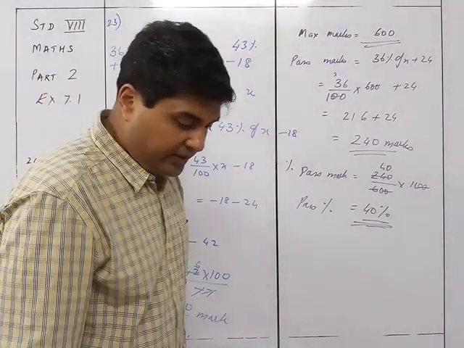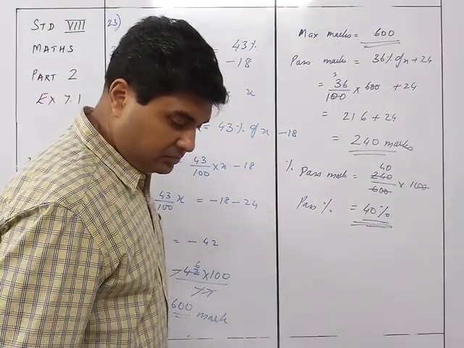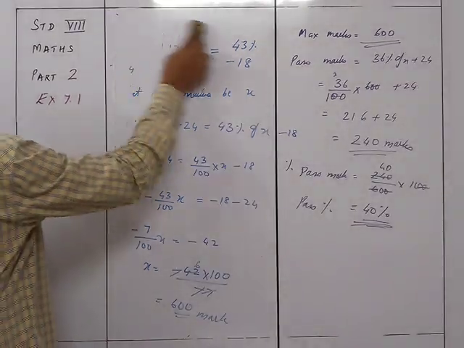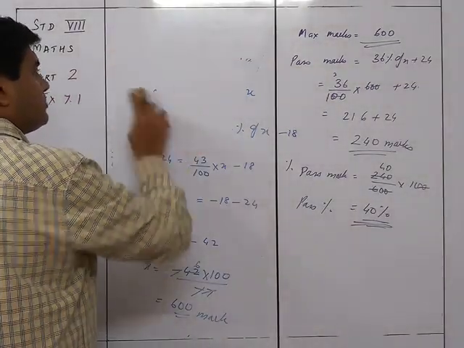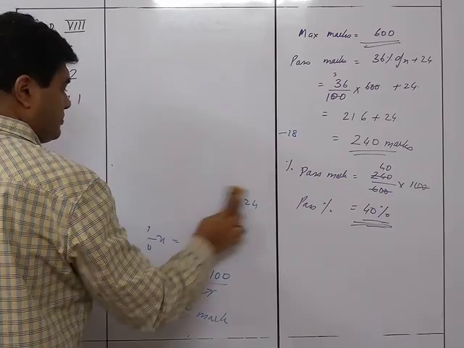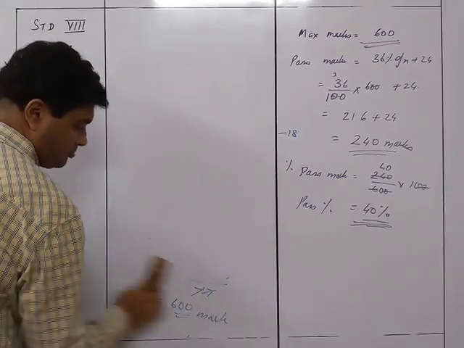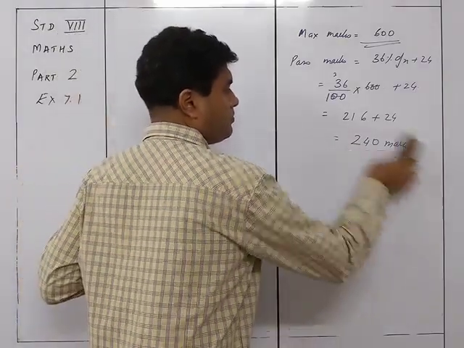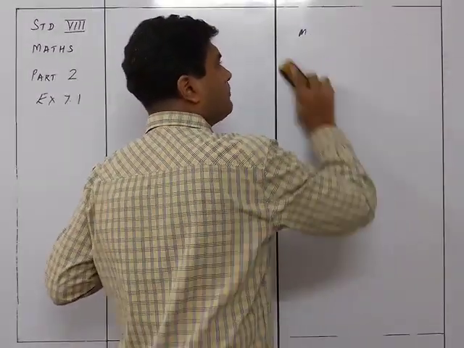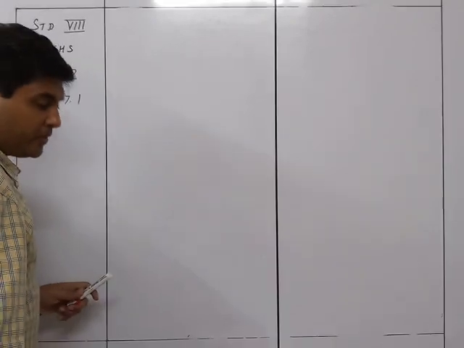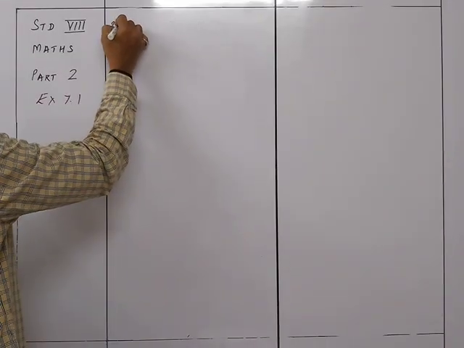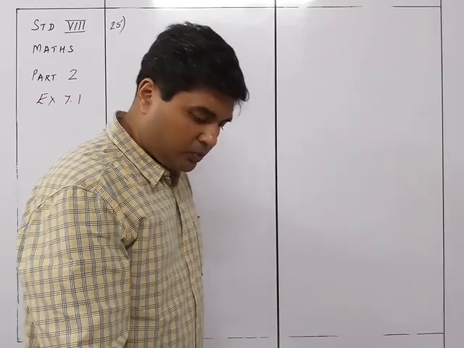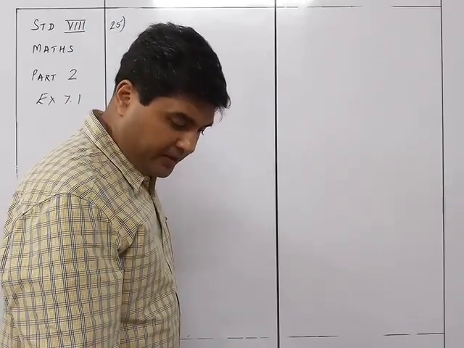We now move on to the last sum of this exercise, that is sum number 25. Okay, sum number 25. Imran gives 1% of his monthly income to his two sons as pocket money.